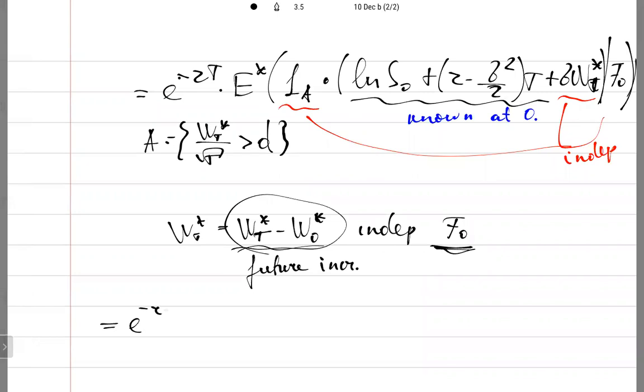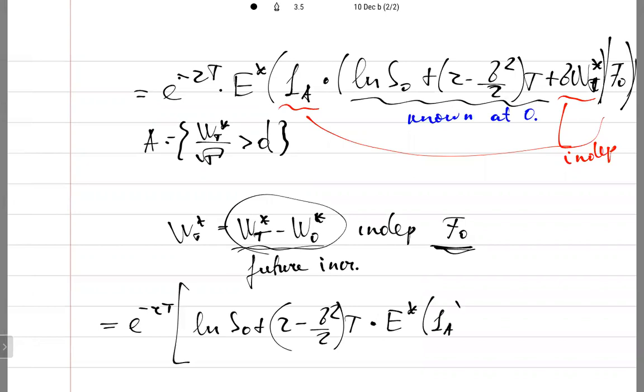So it will be exponent minus rT, logarithm of S0 plus (r minus sigma squared over 2) times T, times expected value of indicator of A, plus sigma times expected value of indicator of A times W_T star.